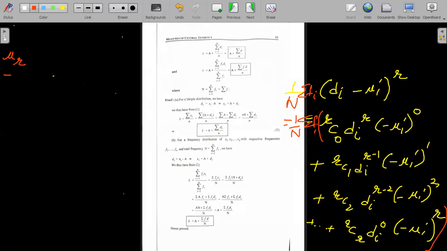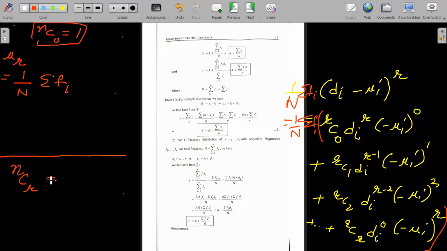So what you will get is 1 by n summation fi, and we know rC0 is always, what is nC0, what is the value of nC0? nC0 is 1, right? So rC0 came here, and rC0 is 1. Beta, just for your remembrance, if you don't remember, in general how much is nCr? What is nCr? Can anybody help me? n factorial, below r factorial and n minus r factorial, remember? n factorial, r factorial, below n minus r factorial.